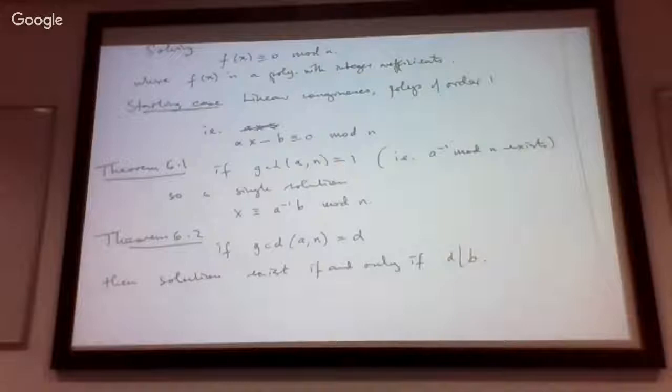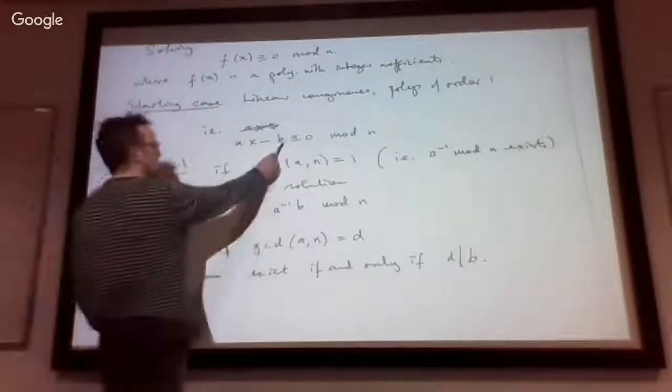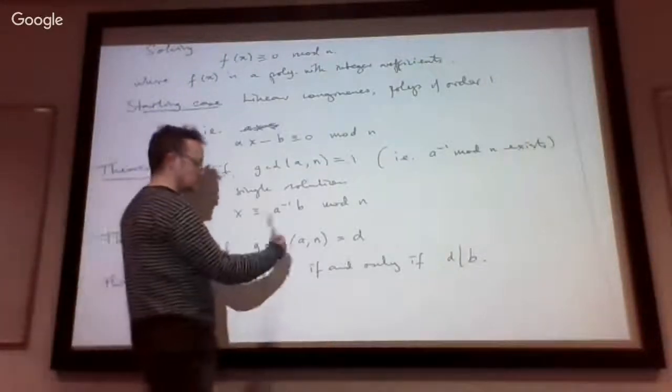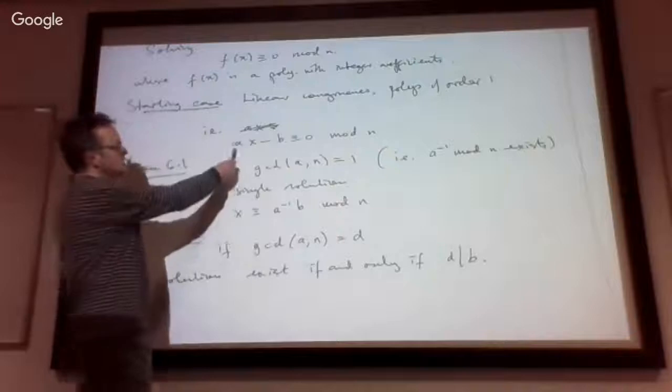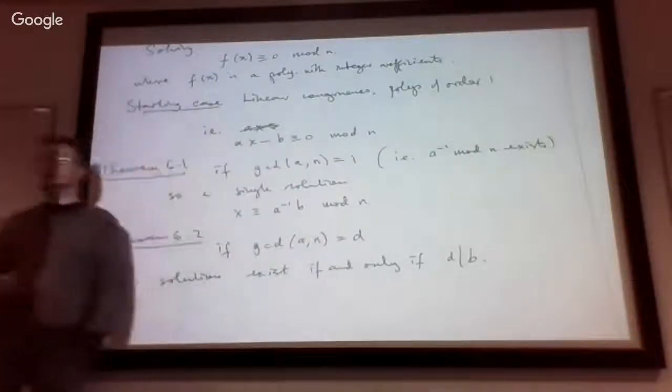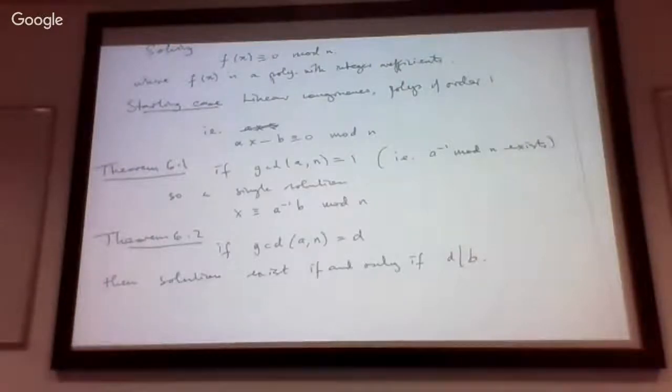If the constant coefficient b is divisible by that greatest common divisor d, then there will be solutions to the congruence. If d does not divide b, then there won't be. So we've got a criterion for the existence of solutions.